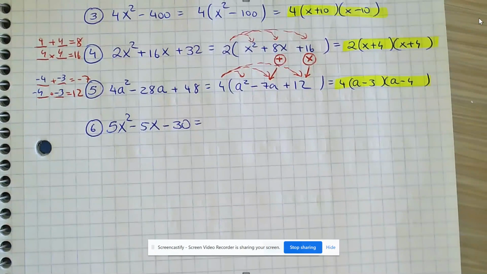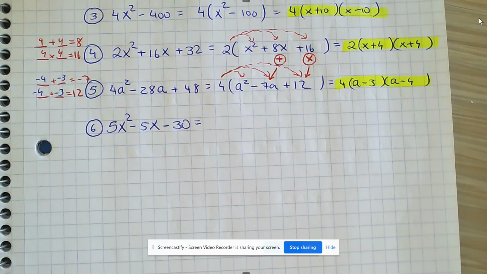Now we can make the 2 numbers that add up to what? I want them to add up to the middle term and multiply to the last term. So what's your middle term? We want them to add up to -1, and they need to multiply out to -6.